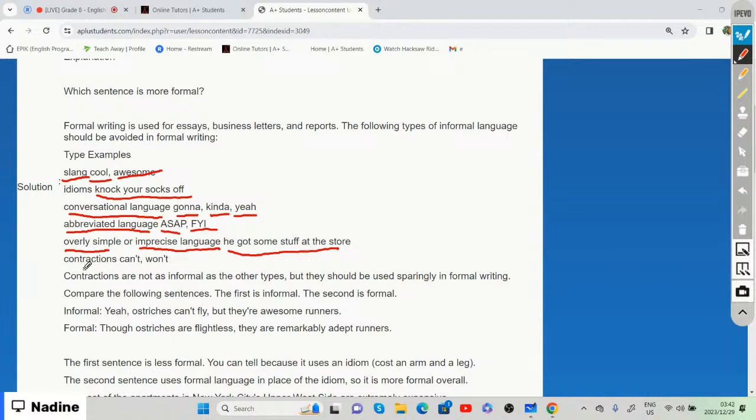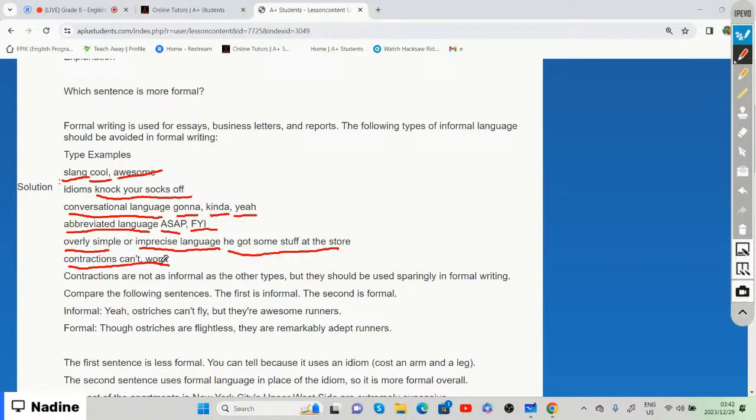We need to avoid contractions. You need to write the full word. You cannot say can't, it needs to be cannot. You cannot say won't, it is will not. You need to write it out in full. Contractions are not as informal as the other types, but they should be used sparingly in formal writing, which means that you cannot shorten every word that you are writing.